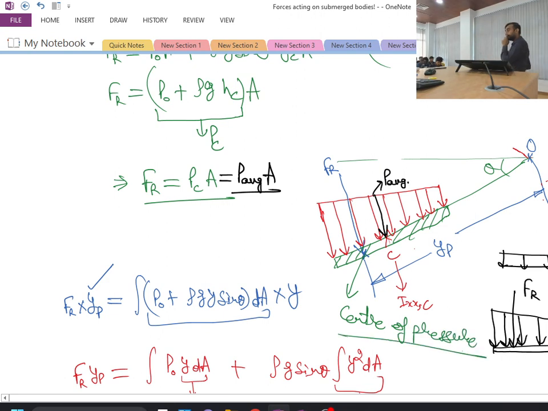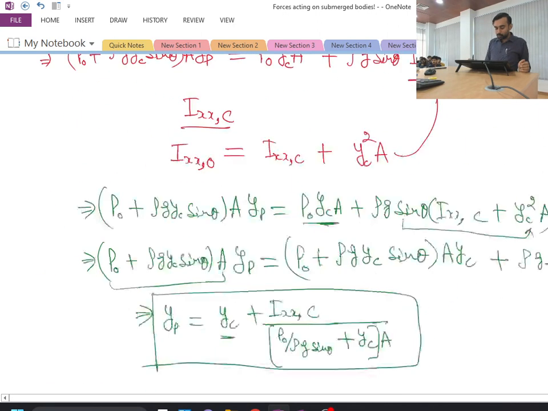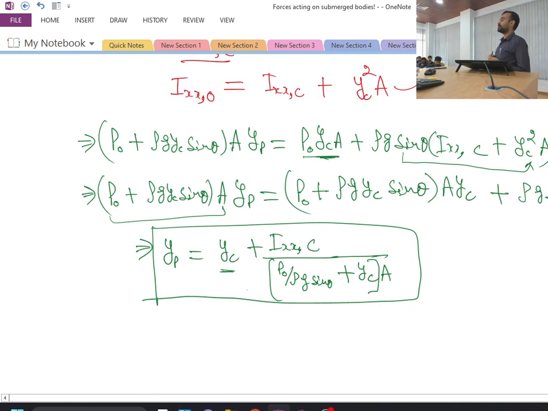The point which we have drawn over here is nothing but called the center of pressure. This is one important nomenclature. And how to estimate the y coordinate of the center of pressure, that we have actually estimated.